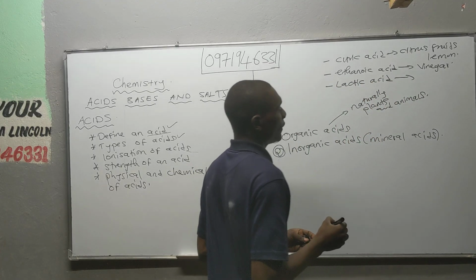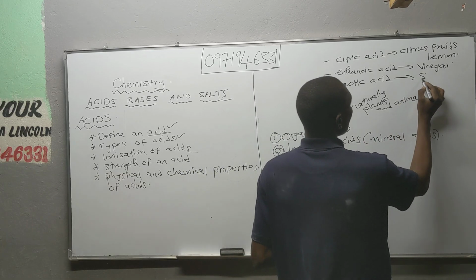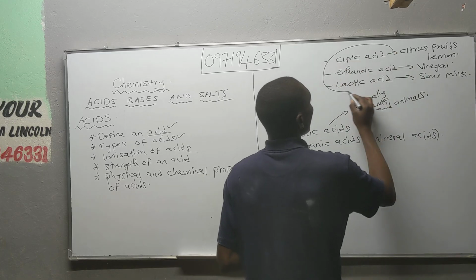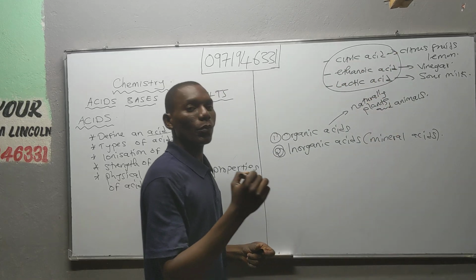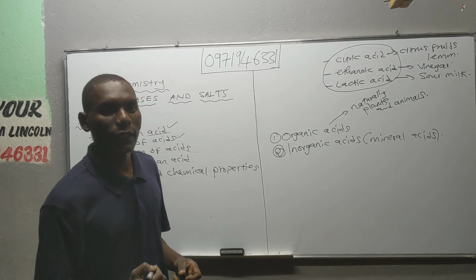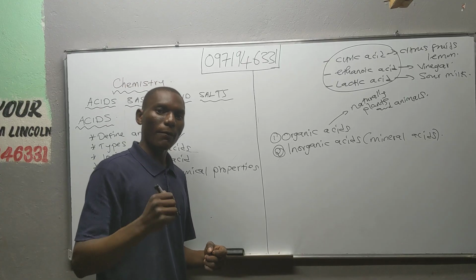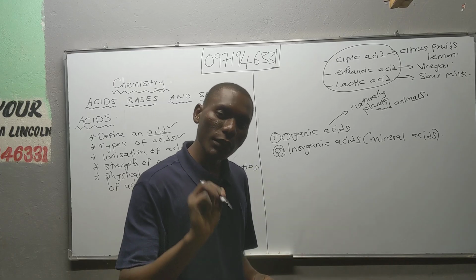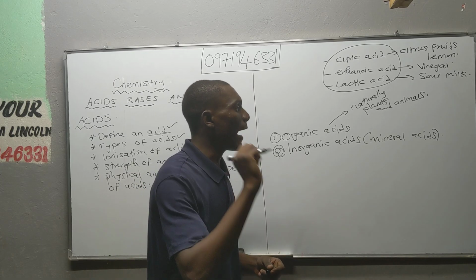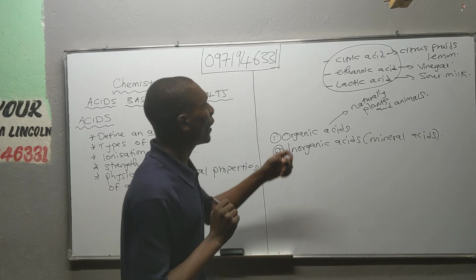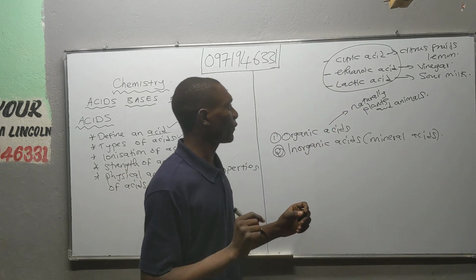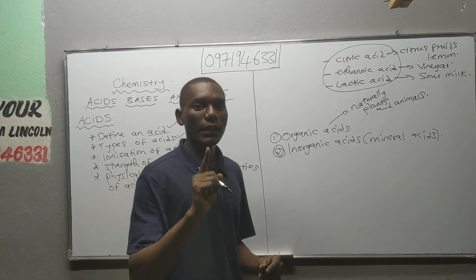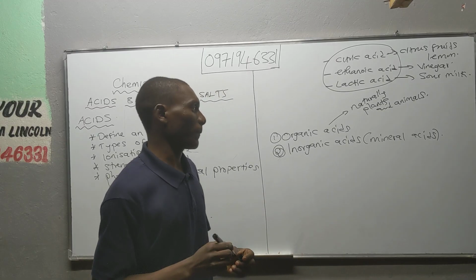Lactic acid is an organic acid which is found in sour milk. So these are some of the examples under organic acids. Remember, organic acids are acids naturally found in plants and animals. For example, citric acid in citrus fruits, ethanoic acid in vinegar, lactic acid in sour milk.